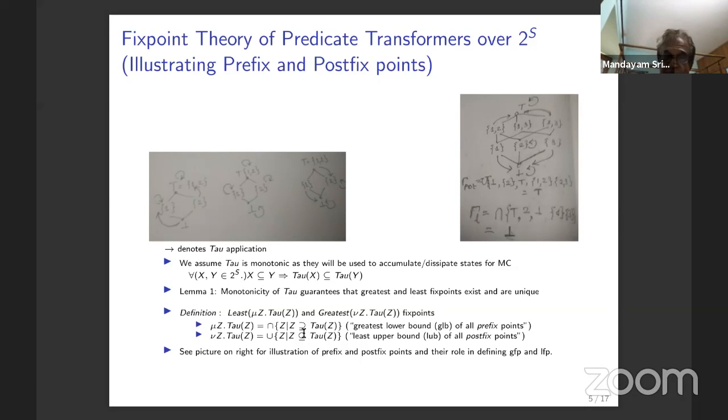So the greatest fixed point is formally defined as the greatest lower bound of prefix points, that is, the set of all z such that z is greater than or equal to tau z. Similarly, post-fixed points are the set of all z in the lattice such that z is less than or equal to tau z, and the least fixed point is defined as the least upper bound of post-fixed points.